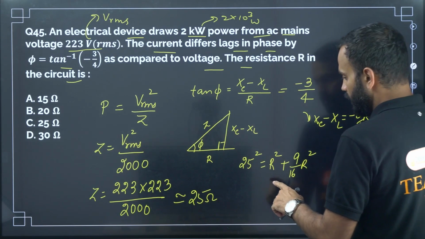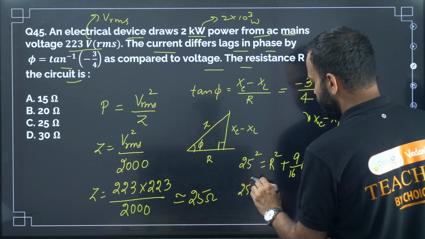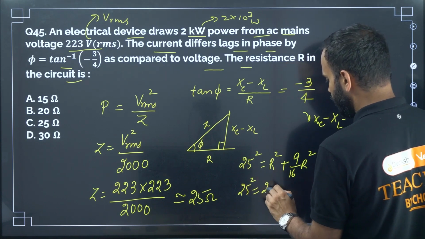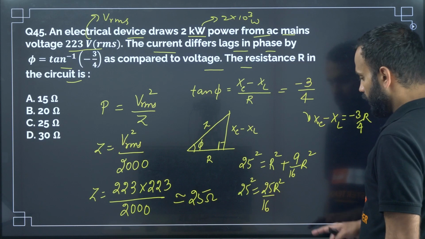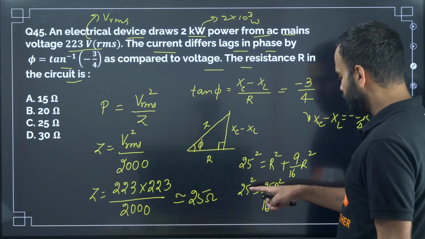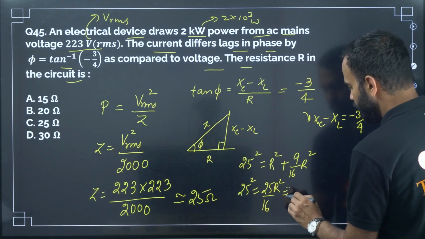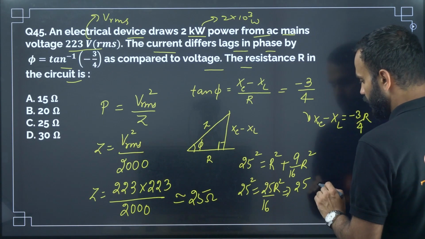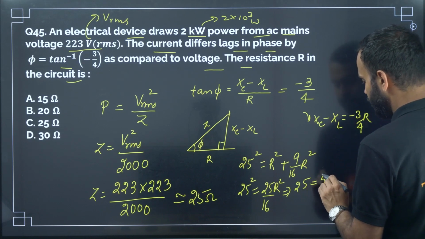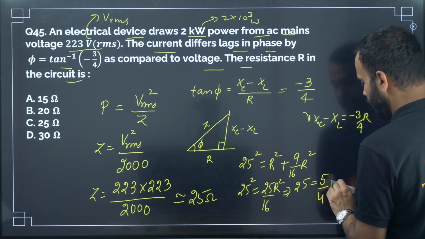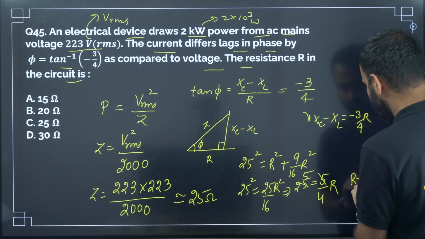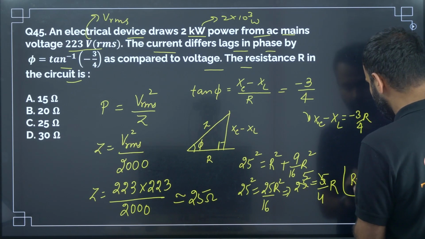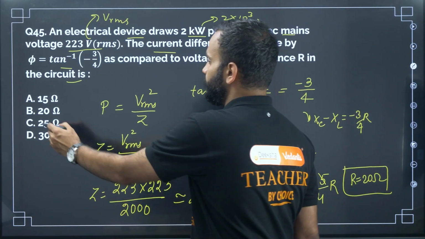So now 25 squared is equal to 25 R square divided by 16. Then take square root on both sides. Then 25 equal to 5 divided by 4 R. So 5 5s are 25. So R equal to 20 ohm. So the correct option is B.